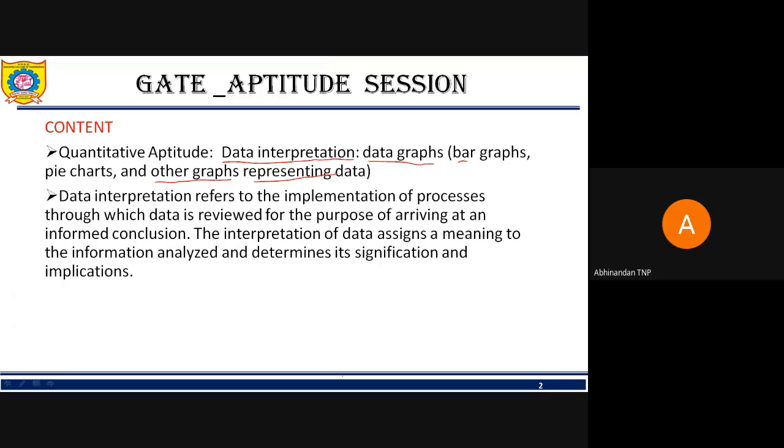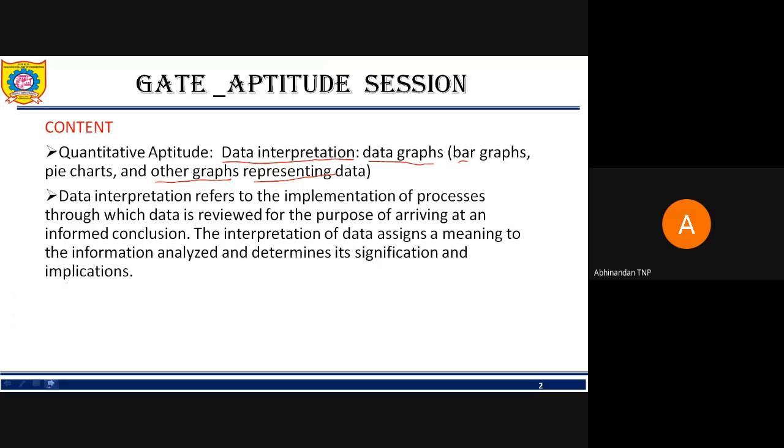You have to use such mathematical tools to solve those questions. Obviously you should know speed math, you should have the mathematical skills, and you should be able to perform the mathematical computation in less time.